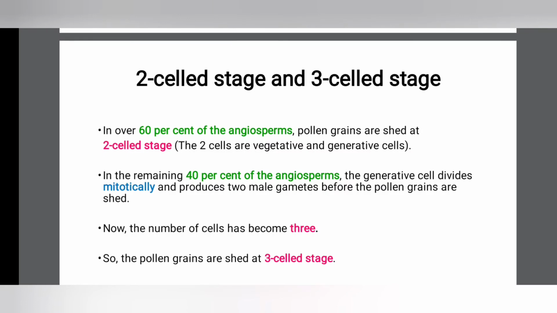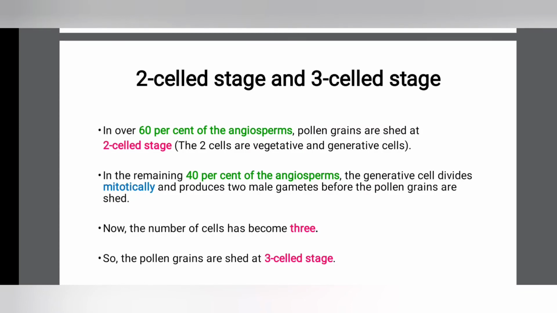But in the remaining 40% of the angiosperms, the generative cell divides mitotically and produces two male gametes before the pollen grains are shed. Now what happens? How many cells are there? Already a vegetative and a generative cell is there, so it is a two-cell stage.